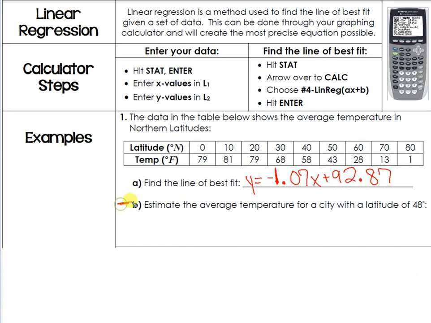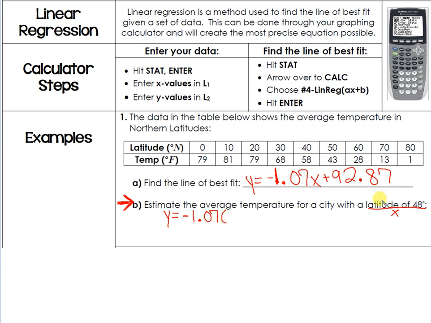Part B is where I really want to put our focus today, because that's the part that we might not have gotten a ton of practice on last year. We're going to estimate the average temperature for a city with a latitude of 48 degrees. If I look at my chart, my latitude were my x numbers. So we're going to substitute in y equals -1.07.